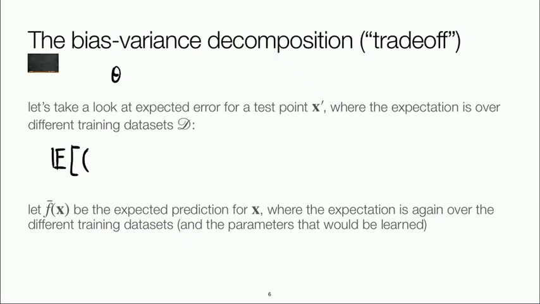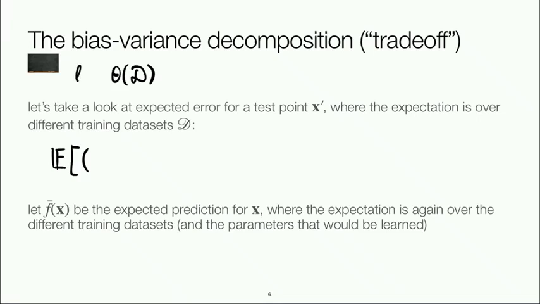Think about linear regression or ridge regression. The theta that I come out with, theta star, is a function of x and y. So if x and y are random, then I can treat theta as a function of this random variable, this data set.